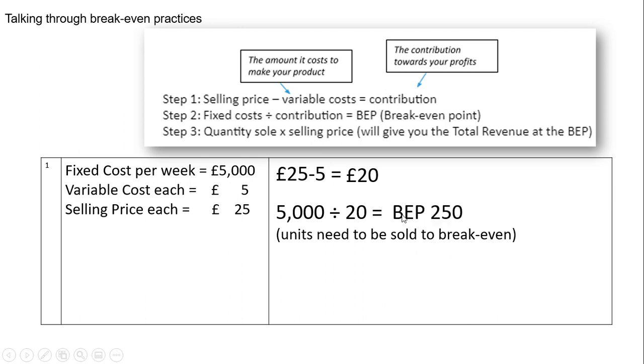So the break-even point will be at 250 units. In this company, they'd have to sell 250 units before they make a profit. So 251 units, once they get to that, then they've made a profit. But they have to sell 250 to actually break even, where they're not making a profit and they're not making a loss.